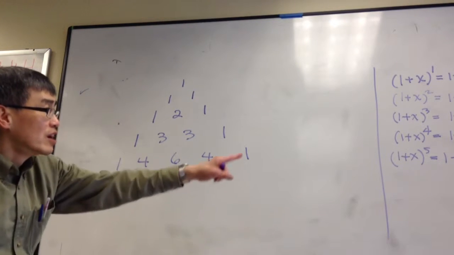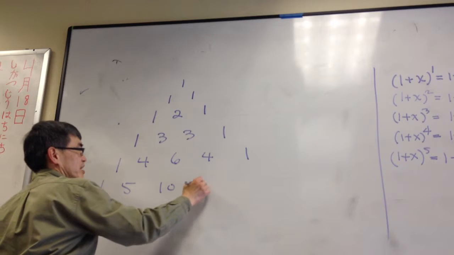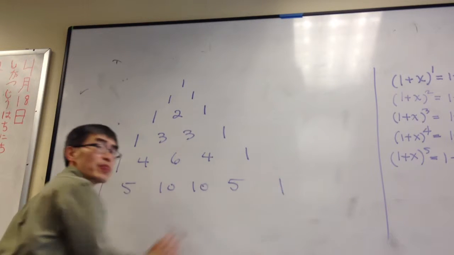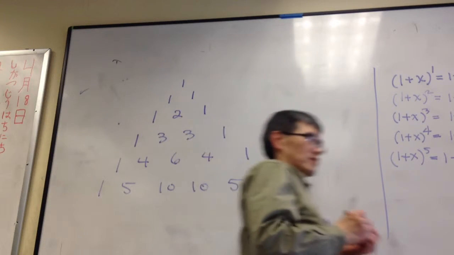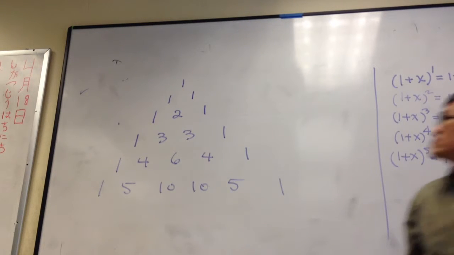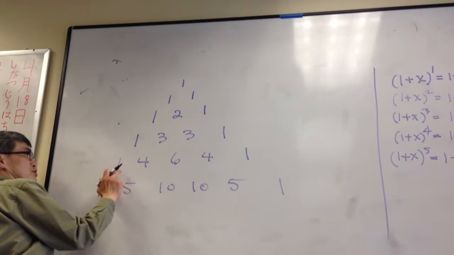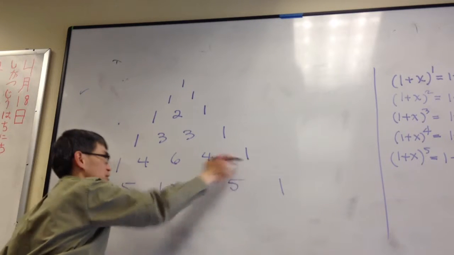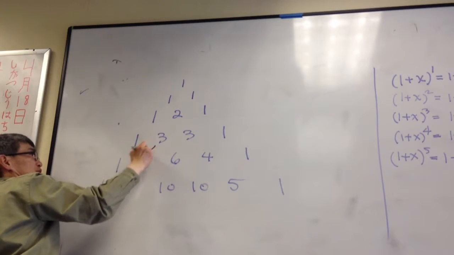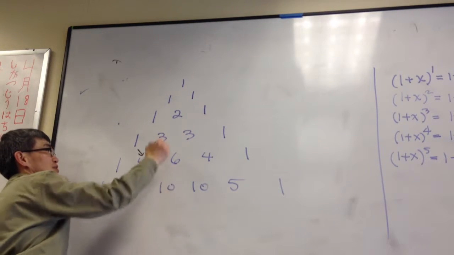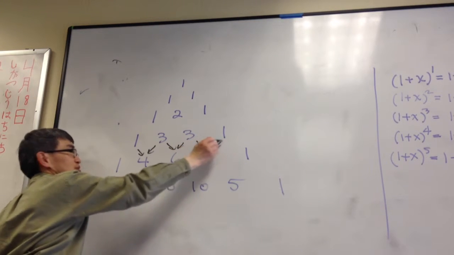Next one, 1, 5, 10, 10, 5, 1. You see a pattern here. From one row to the next, all you have to do is start from 1 and end with 1. This 4 comes from the sum of these two. This 3 comes from the sum of these two. This 4 comes from these two.